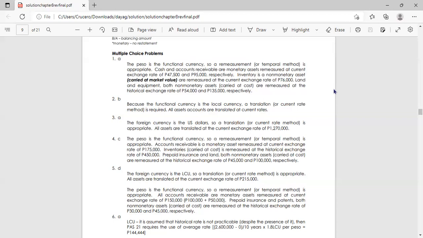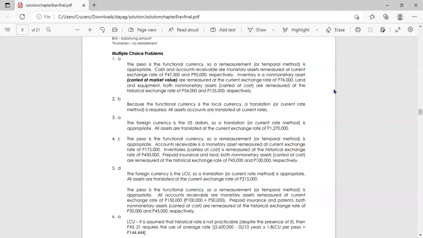Accounts receivable are monetary, inventories are non-monetary, prepaid insurance is non-monetary, and land as well. So again, we have 175,000. We add 450,000, 45,000, and 100,000. That gives us the total of 770,000. Letter C. Next, we go to number 5.